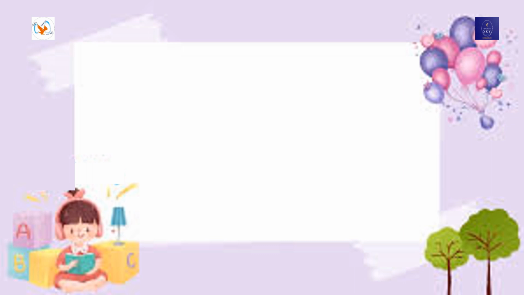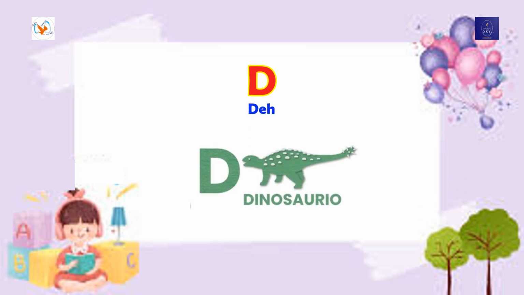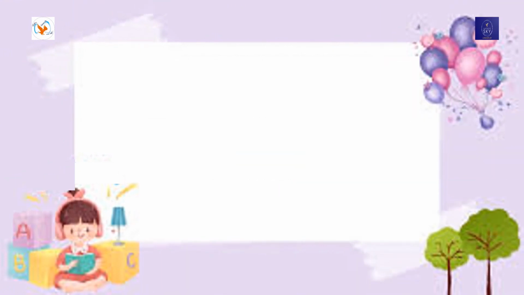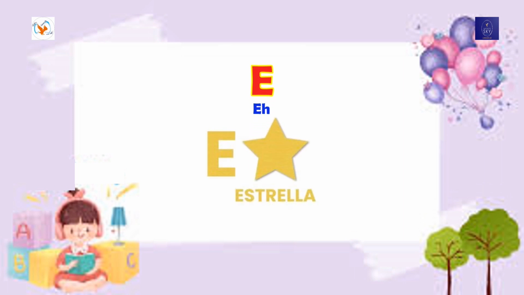Now let's delve into the letter D. In Spanish, D is pronounced as de. Moving on to E, in Spanish, E is pronounced as A. Interestingly, Spanish words do not end in the letter E, except for a few loan words.